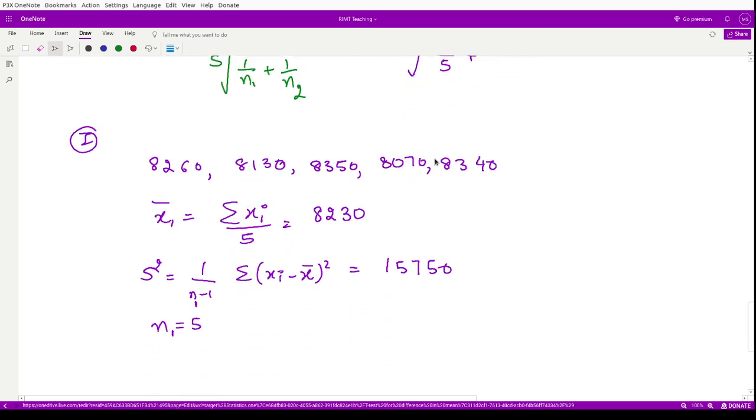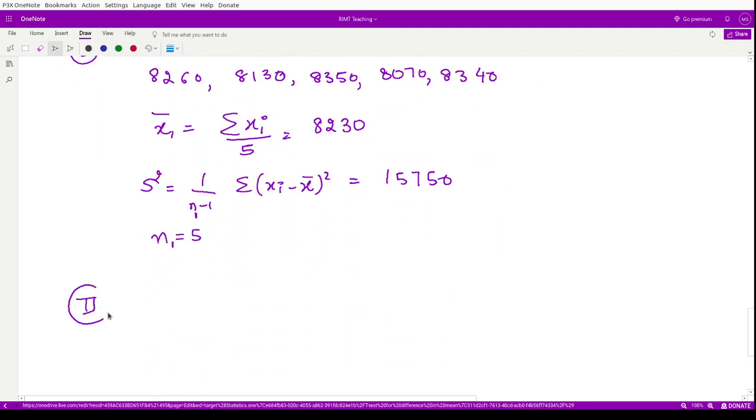Now next let us move on to the second sample. For the second sample, we have the data values as 7950, 7890, 7900, 8140, 7920, and then 7840.